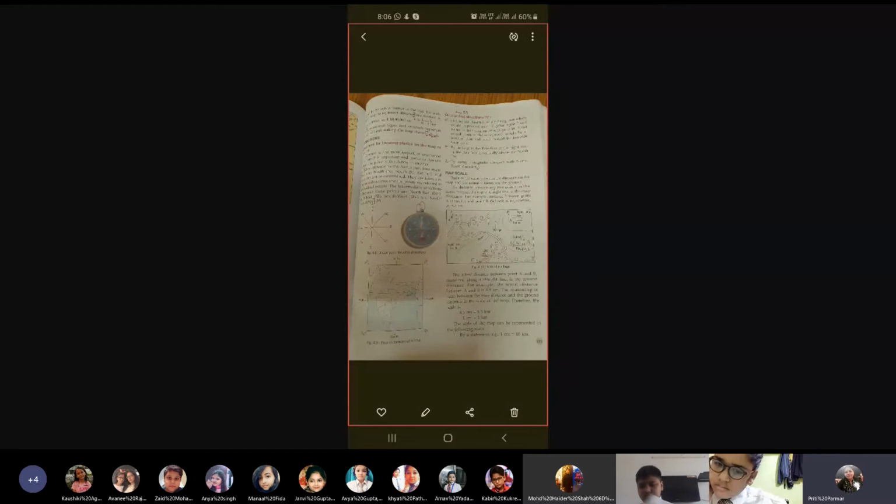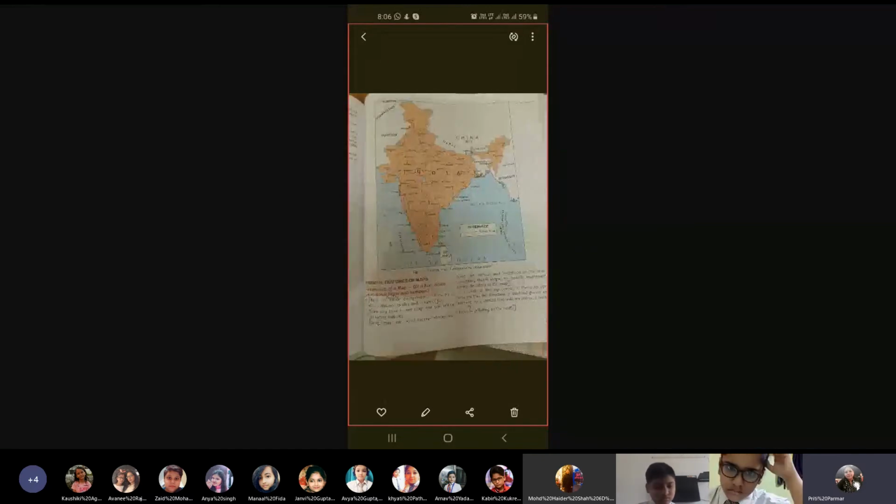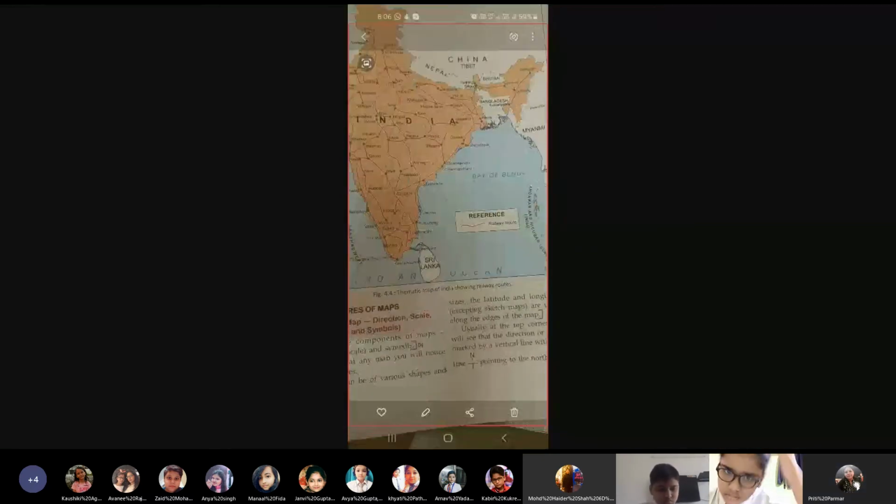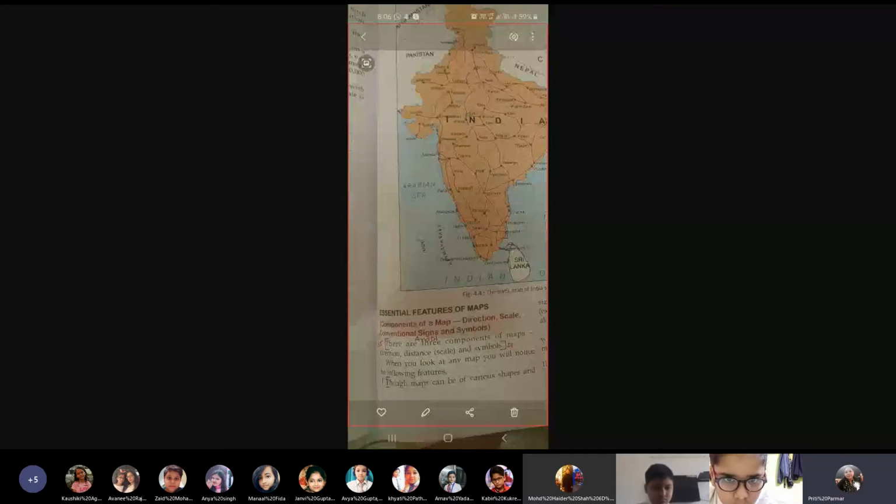It begins from this page. I will zoom it. Where you have marked D1, that is also a part of E2 and E5. Then I will read out the E2 and E5 answer. There are three components of maps: direction, distance, and symbol.